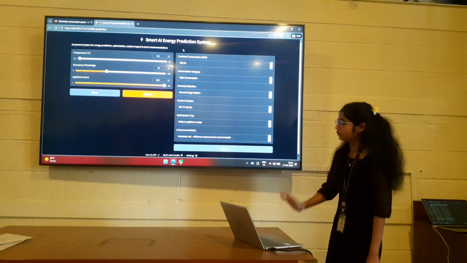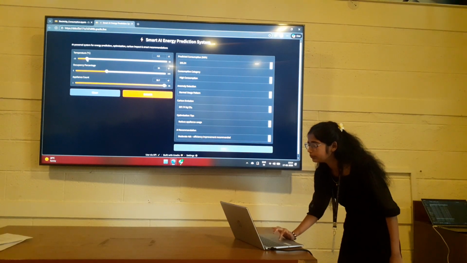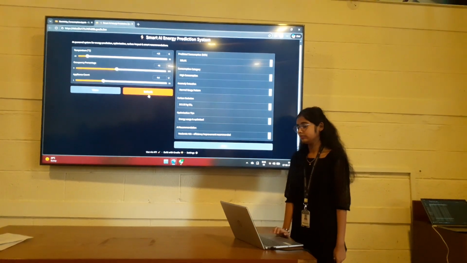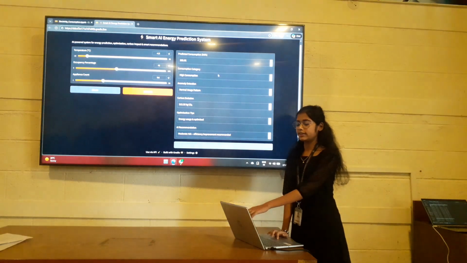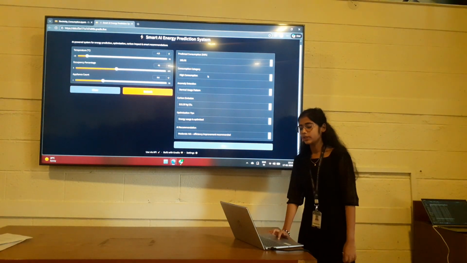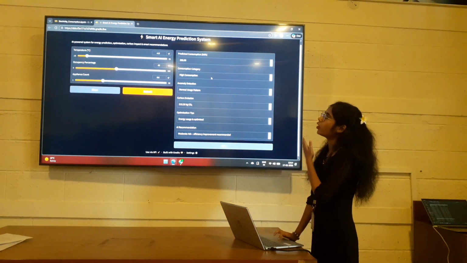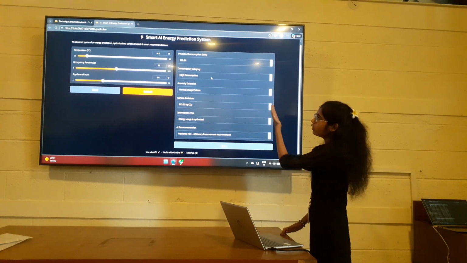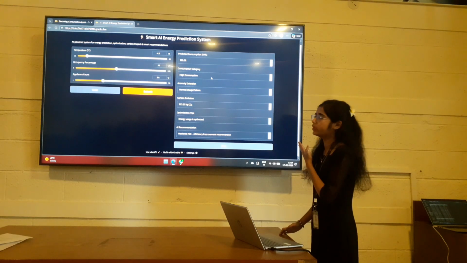This is the dashboard. You can slide in. It shows how much electricity is consumed and the consumption category, whether it is high, low or moderate, depending upon the factors which I have given.